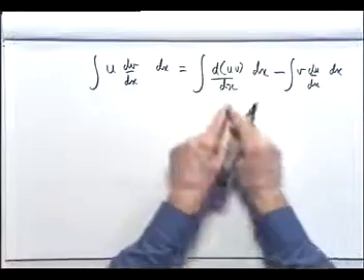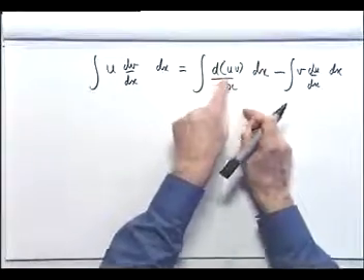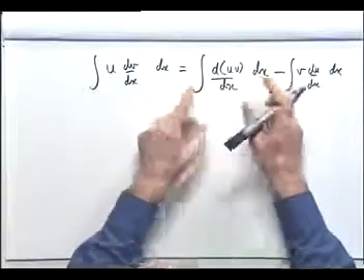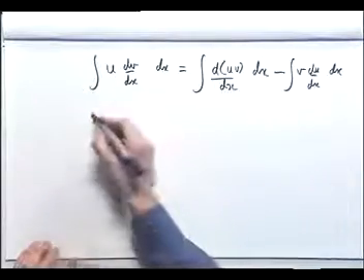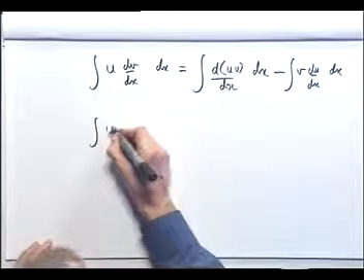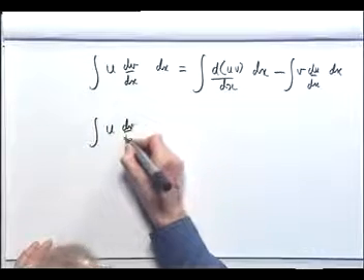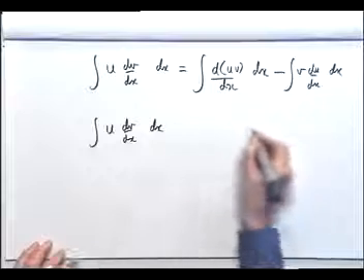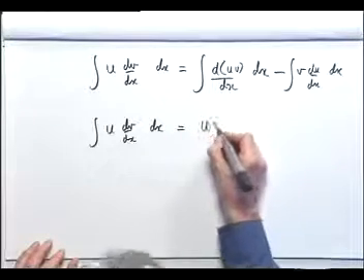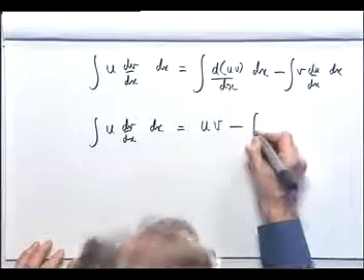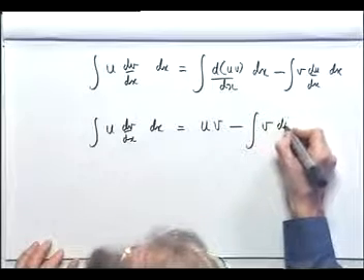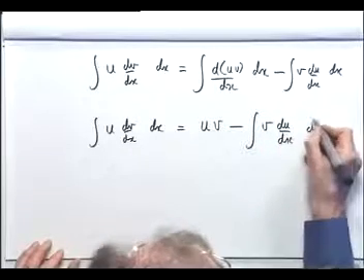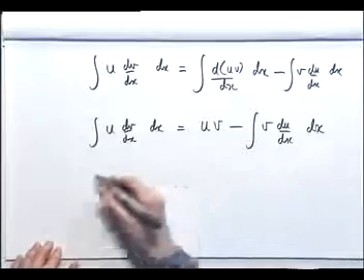Now, this is easy, this bit. We've differentiated it and we've integrated it. So we must get back to what we started with. So we have the integral of u dv/dx with respect to x is equal to uv minus the integral of v du/dx with respect to x.